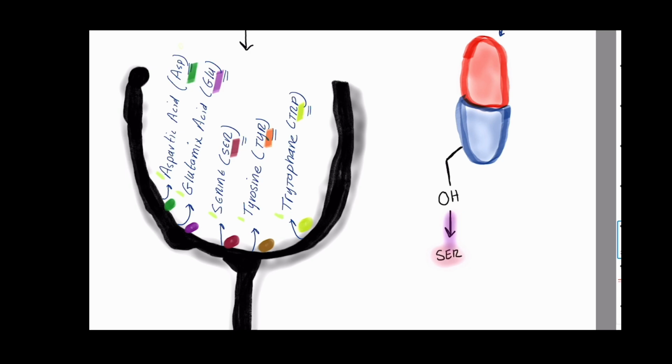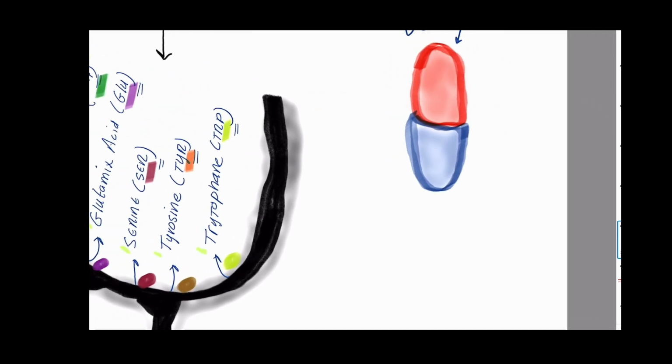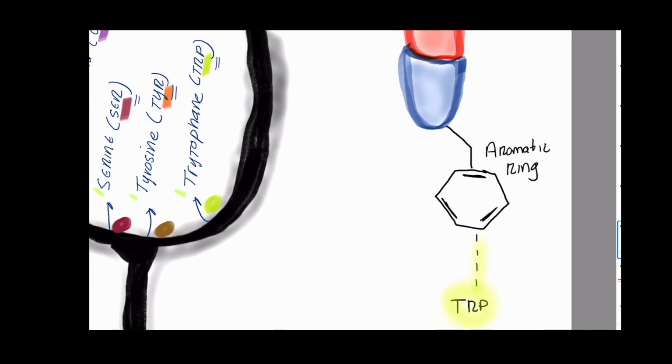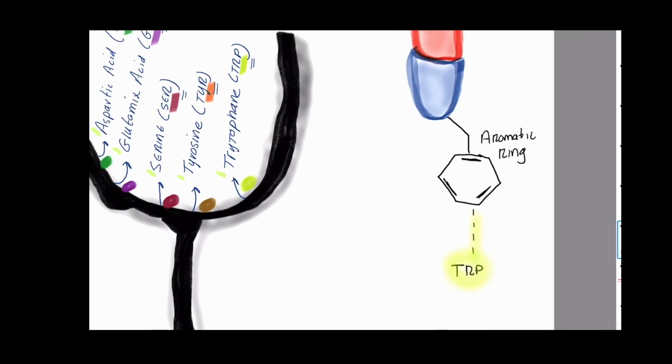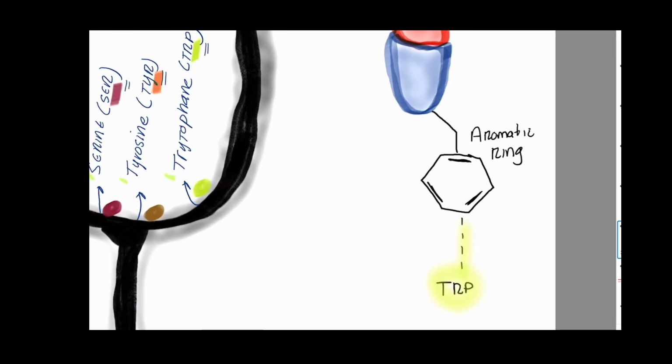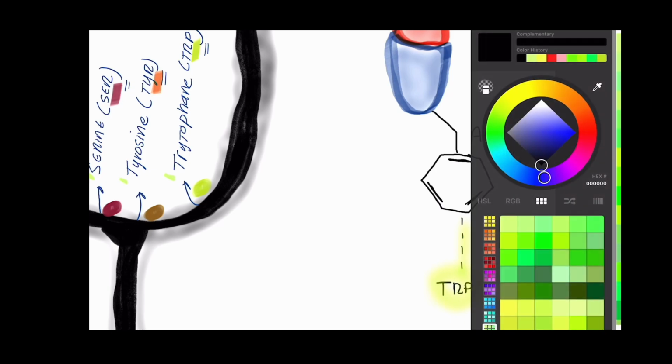G-coupled protein receptors. So likewise, let's look at another modification. Another type of modification that can occur would be adding an aromatic ring to a drug. Now, an aromatic ring is going to communicate with other aromatic rings, and in this case, tryptophan is going to interact with the aromatic ring that has been placed on the drug. So tryptophan also has a very similar aromatic ring, just as the modification on this drug here.